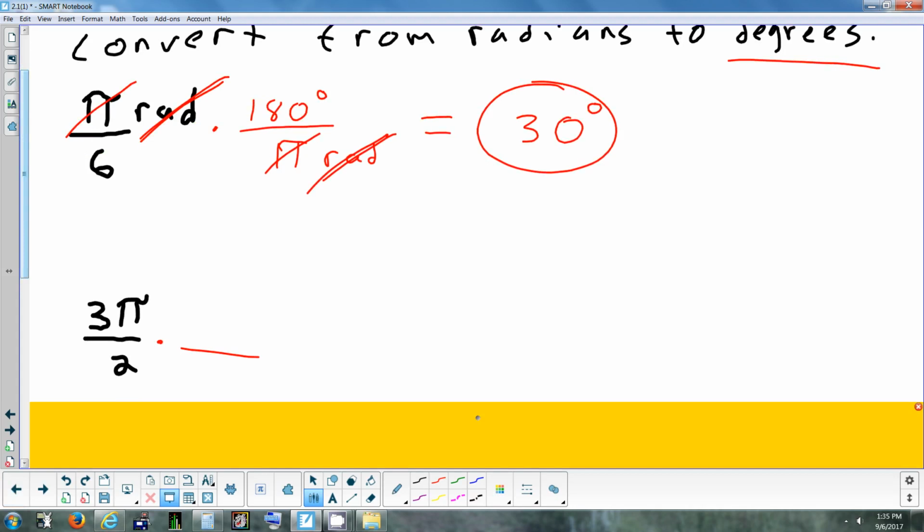So Jason, what would I multiply by to cancel out radians? We're going to go 180 over pi again. Now it's invisible this time. Radians cancels out. Okay, but I'm not going to write that down. Pi cancels out. And we can reduce 2 into 180.